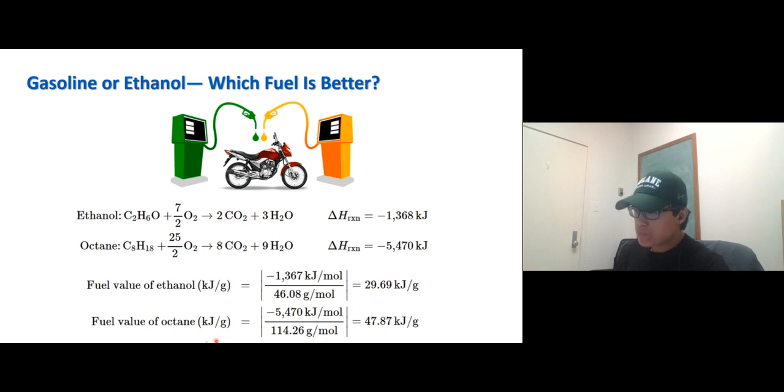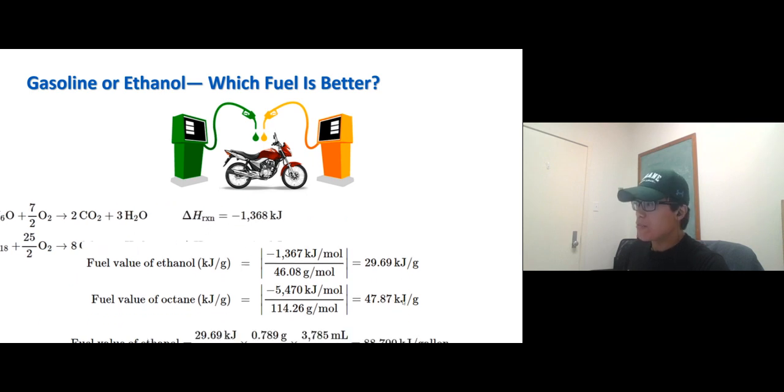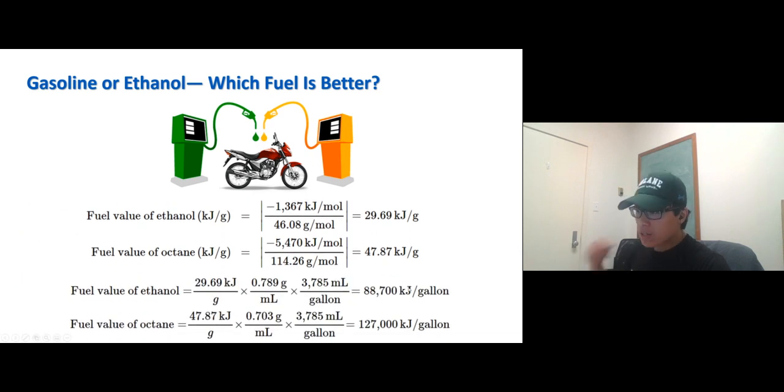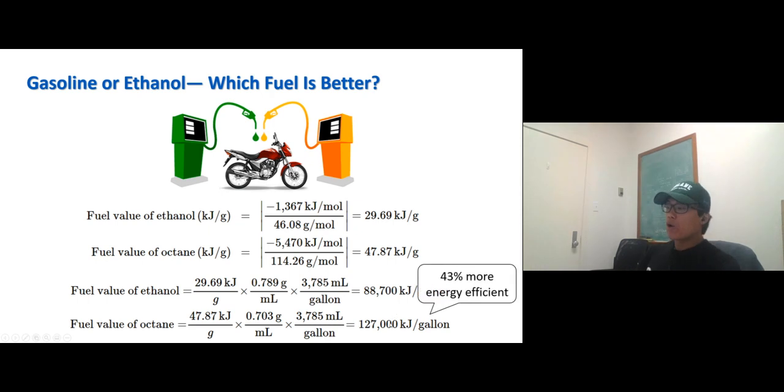Same thing: octane produces higher energy than ethanol, right? Which is done per gallon, since there's a selling price per gallon. So per gallon, octane produces that much energy. Ethanol produces only that much energy. If you do the math, octane contains 43% more energy than the same amount of ethanol.